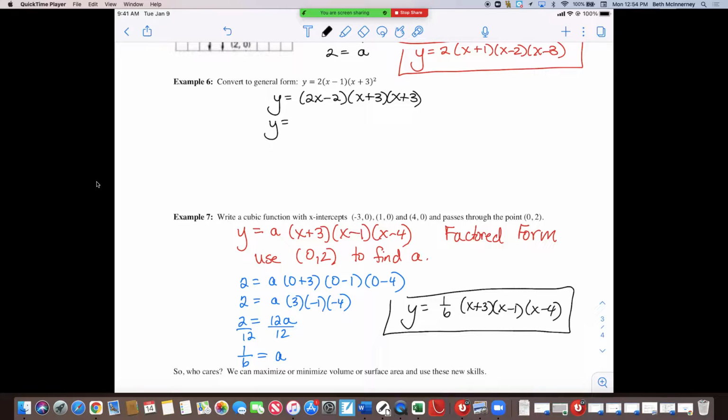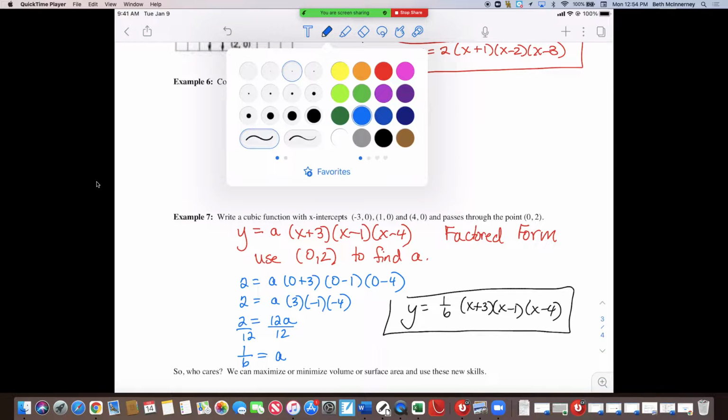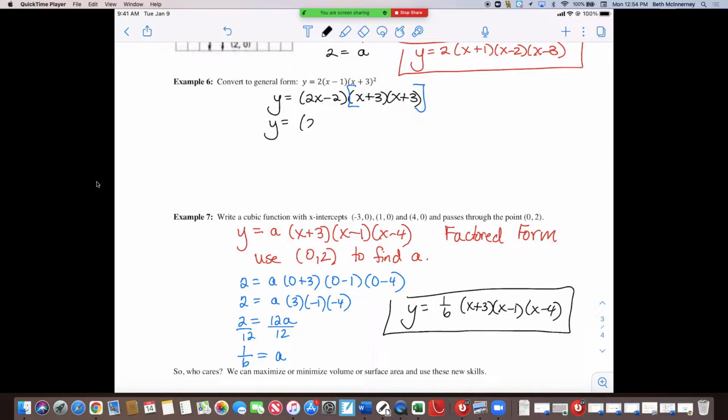I cannot multiply 3 things at once, but I can multiply 2 at a time. It does not matter the order you choose, but because I know x plus 3 times x plus 3 is a perfect square trinomial, I'm going to do that first and say that's x squared.